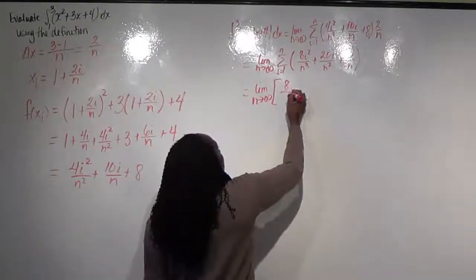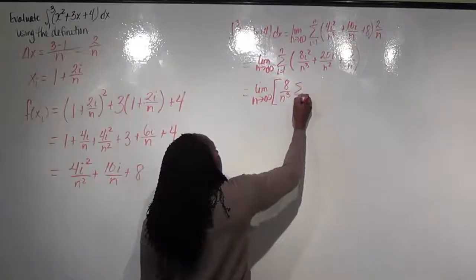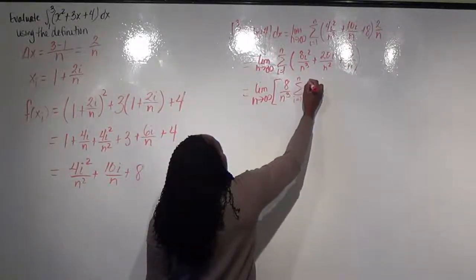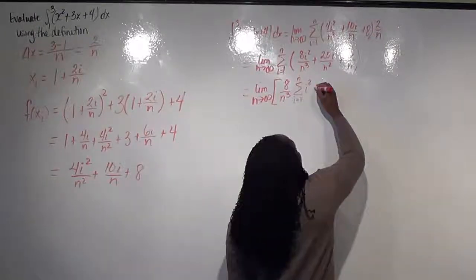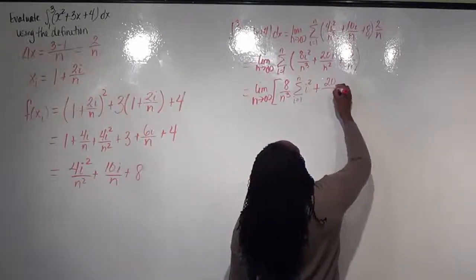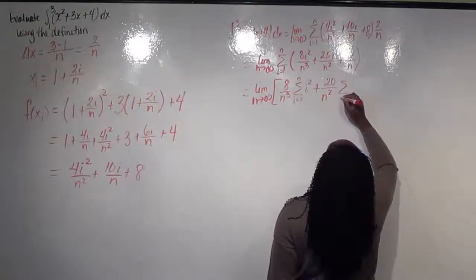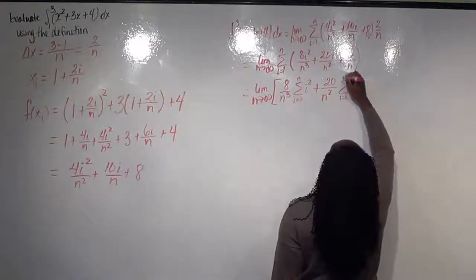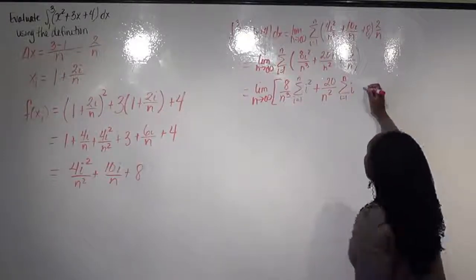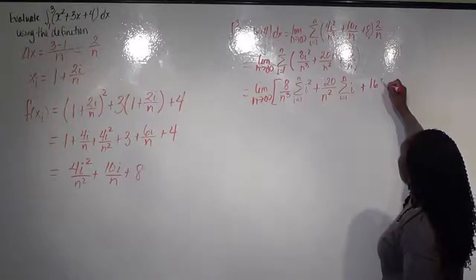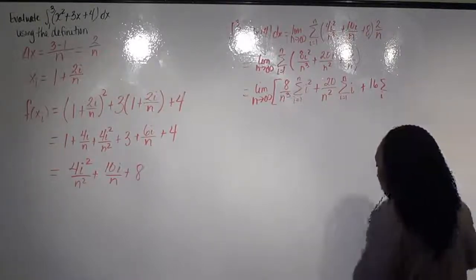So we'll get an 8 over n cubed times our summation for i squared, plus a 20 over n squared times our summation for i, plus the 16 times our summation.